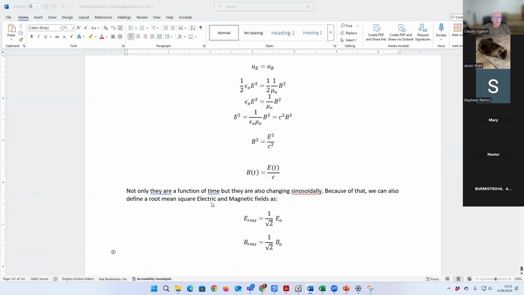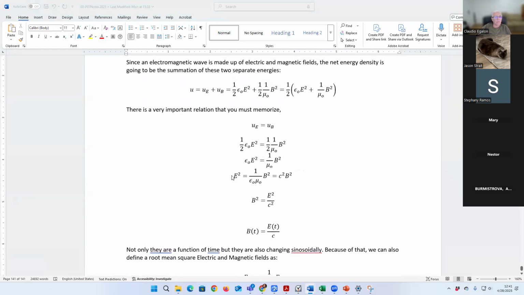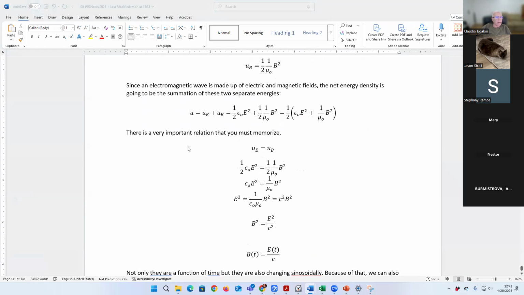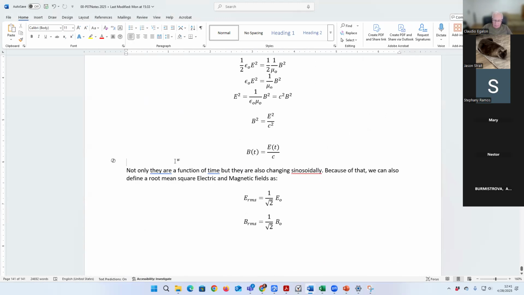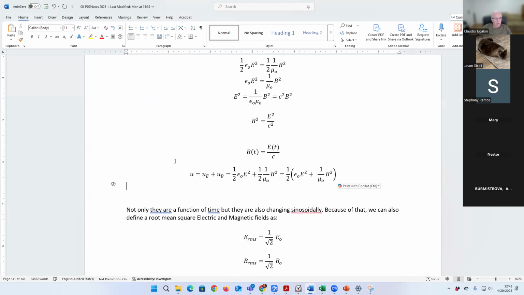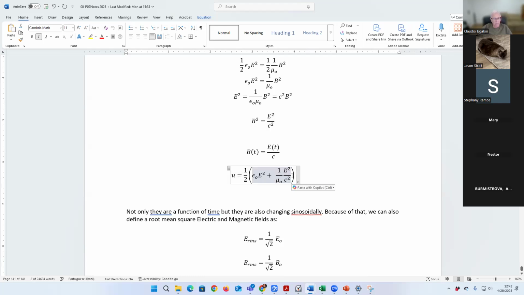Okay, but before that, I gotta do something else. I'm missing something here, right? Here you go. I missed a step here. Here you go. That's the step I'm missing. Because the B square is going to be equal to E square over C square.